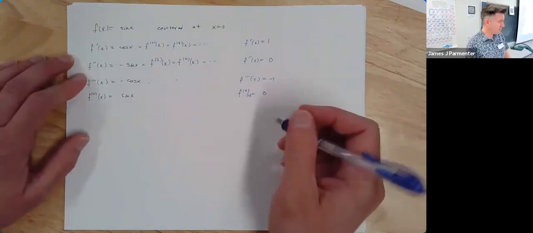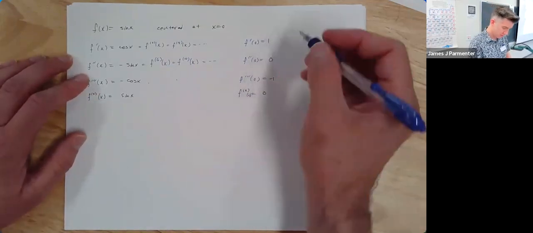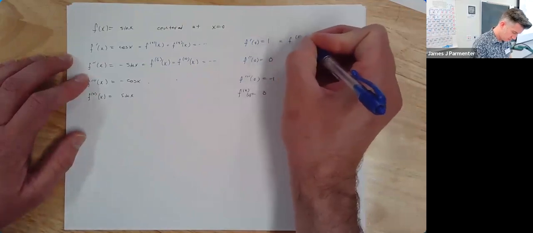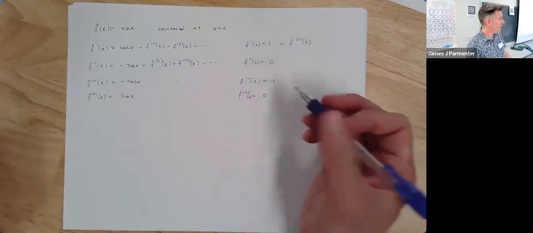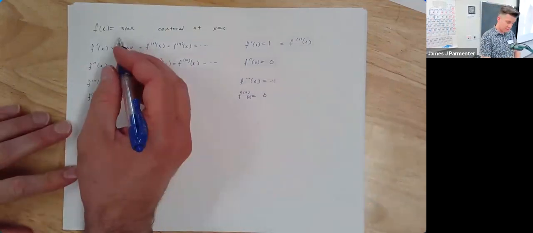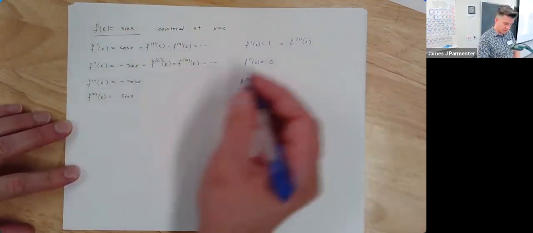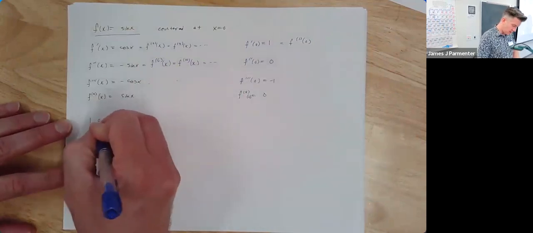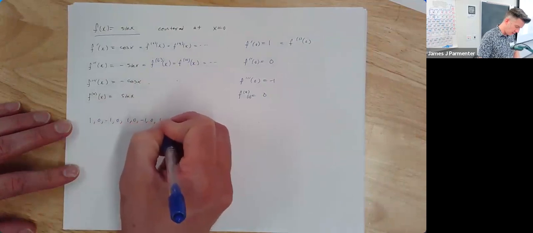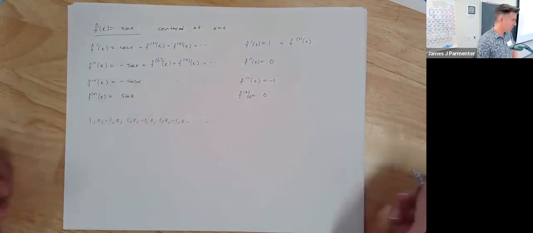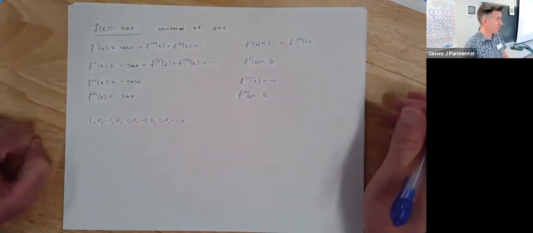And the fifth derivative is back to being 1. And the sixth derivative is 0. So we've got this pattern when your function is sine, where the derivatives are going to be 1, 0, negative 1, 0, 1, 0, negative 1, 0, forever and ever. That's our pattern of our nth derivative.